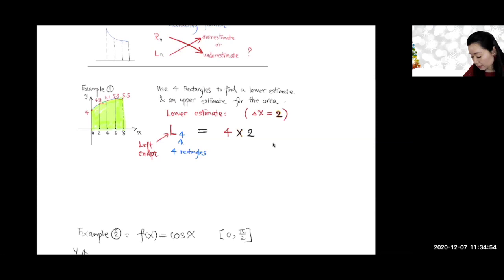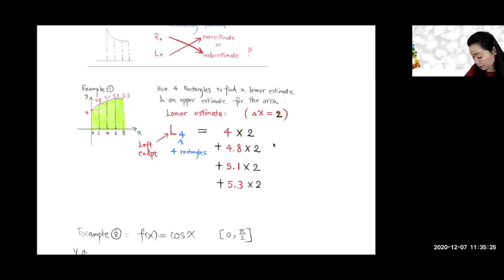The second rectangle, the left endpoint, the y coordinate is 4.8, so 4.8 times the width, which is 2. What about the next one? 5.1, right? Times 2. And then the last one will be 5.3 times 2.